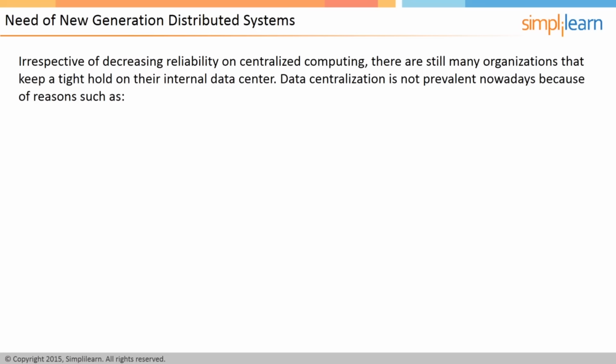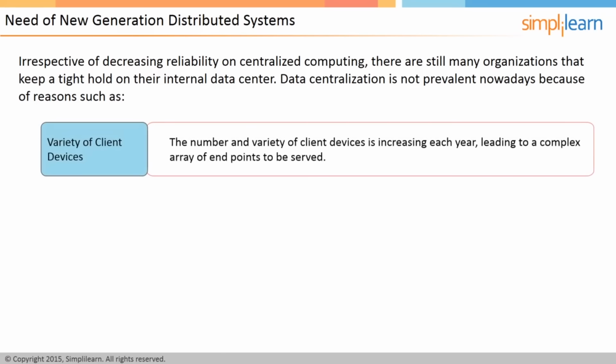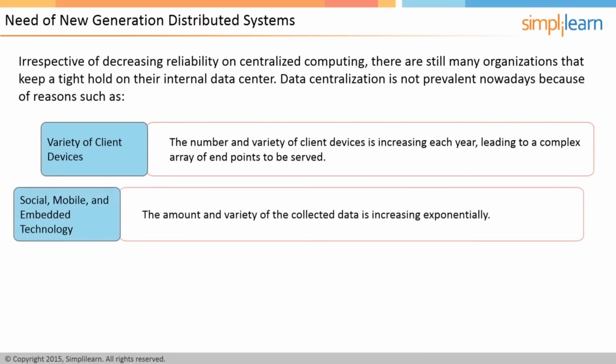Data centralization isn't prevalent nowadays because of various reasons. One of those reasons is a variety of client devices. The number and variety of these devices is increasing each year, leading to a complex array of endpoints to be served. Another reason is social, mobile, and embedded technology, as the amount and variety of the collected data is increasing exponentially.